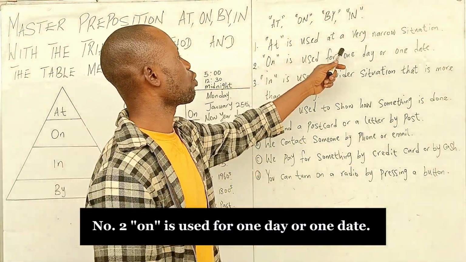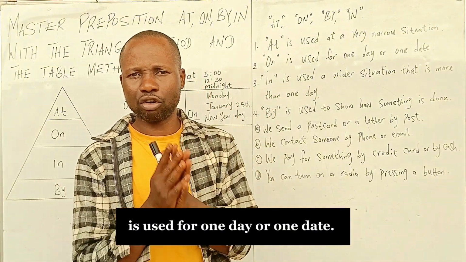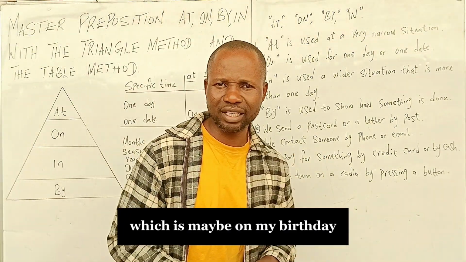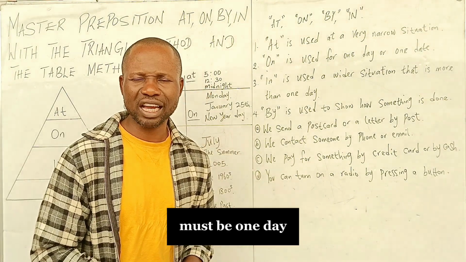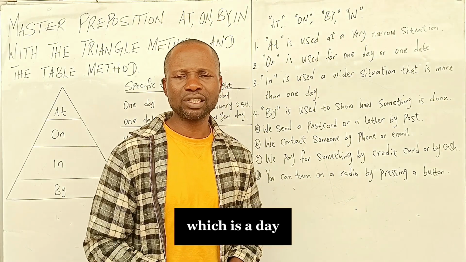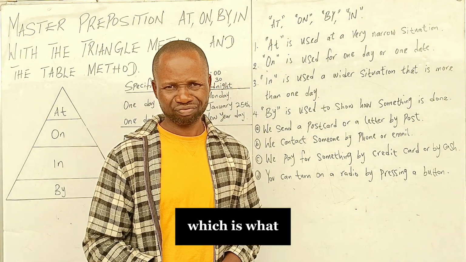Number 2, on. On is used for one day or one date, which is maybe on my birthday. Your birthday must be one day and one date. On my birthday, your birthday could be Monday, which is a day, and that Monday could be the 17th, which is what?